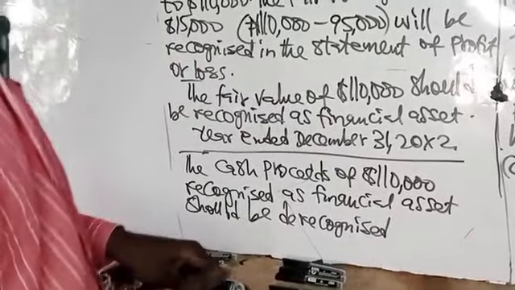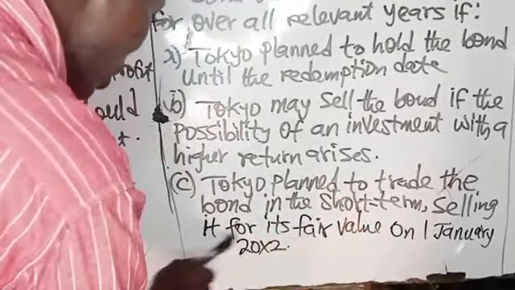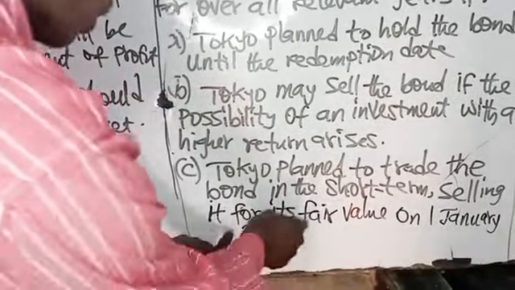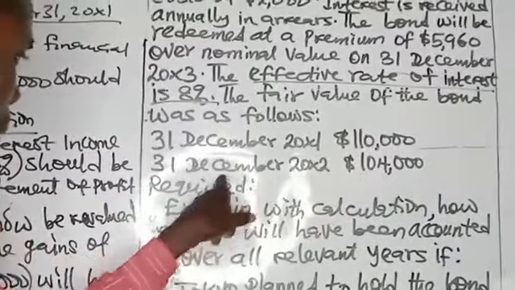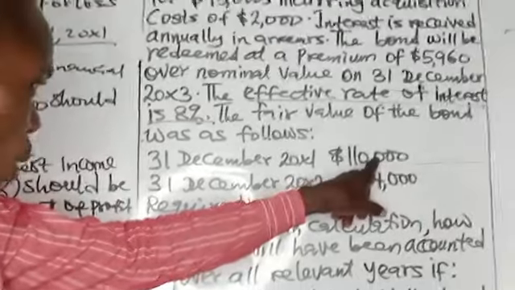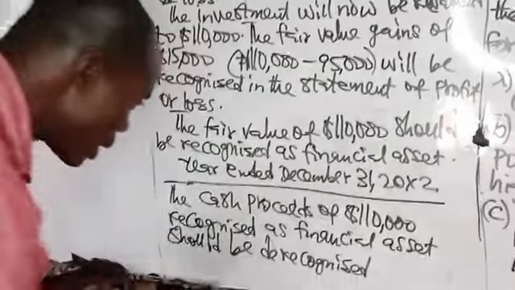The reason is that TOCO plans to trade the bonds in the short term, selling them for fair value on 1st of January 20X2, which is the beginning of the year, so it doesn't affect December 20X2. The fair value you have in 20X1 is what you will have at the date of disposal.